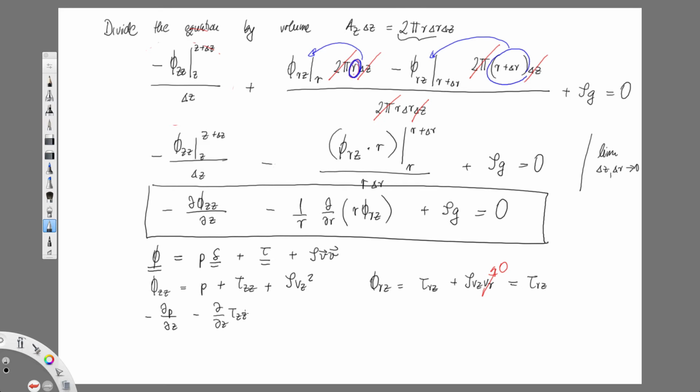Well, may as well write it in. Minus d dz of rho vz squared, minus 1 over r partial r of r tau rz, plus rho g is equal to 0.